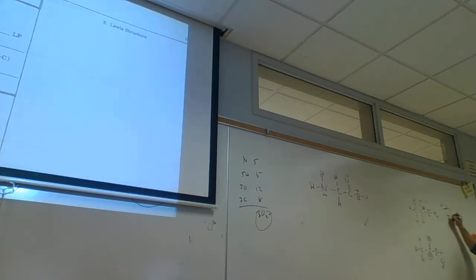In fact, we don't even consider it an acid. We don't really consider it an acid because this hydrogen is not very acidic, whereas this hydrogen is more acidic. This is an acidic hydrogen.